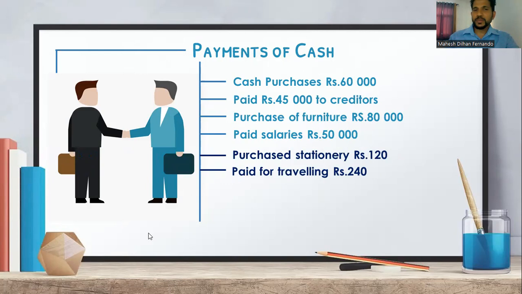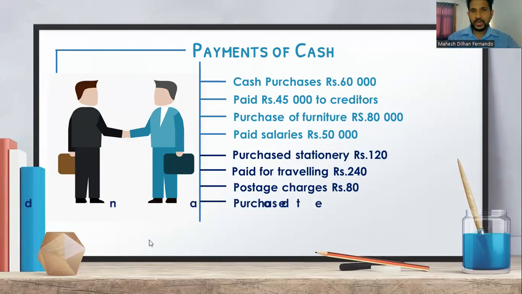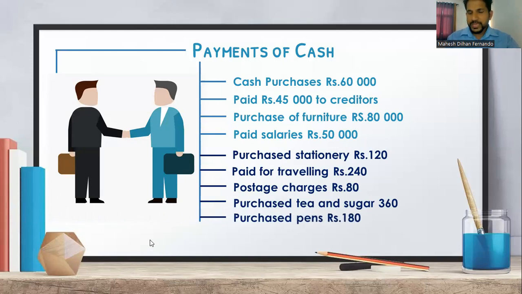Even these two expenses are paid in cash. What about this one? Postage rupees 80. And the next, purchased tea and sugar rupees 360. And another one, purchased pens 180.